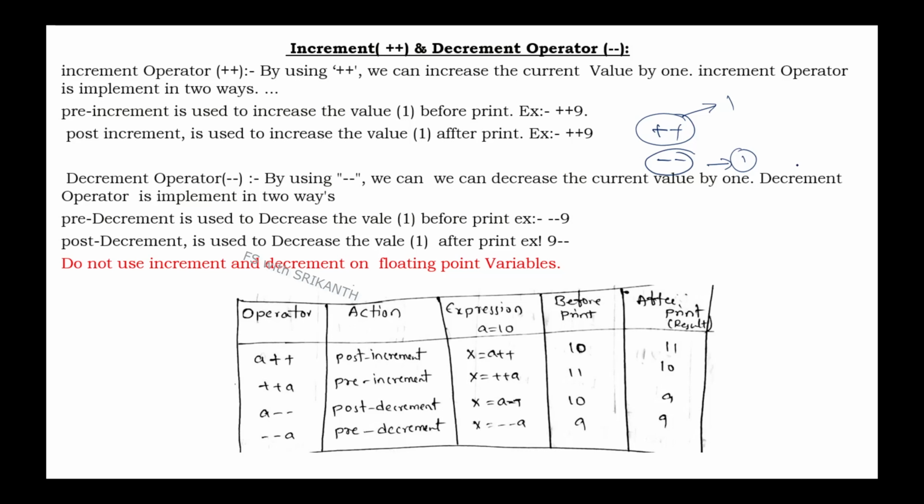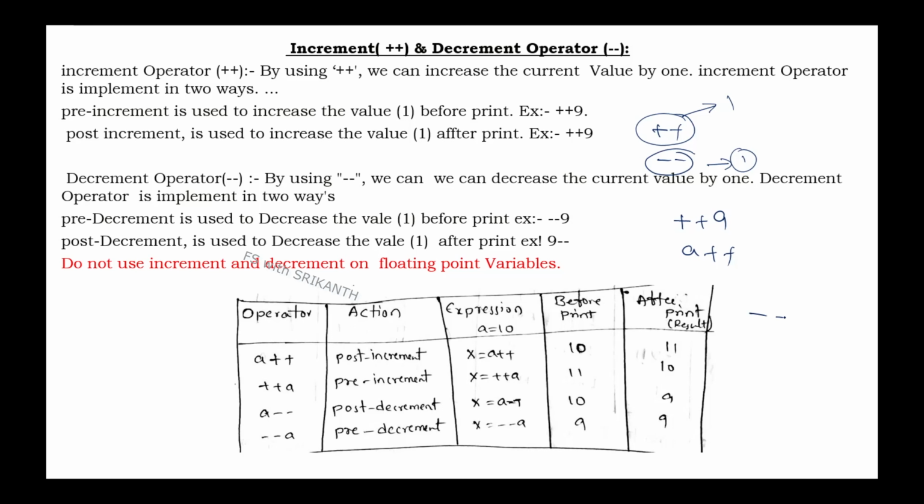But here one important thing is there: post increment and post decrement, and pre increment and pre decrement. That is the most important thing. Decrement is just very simple, post and pre. First of all, plus plus a, a plus plus.